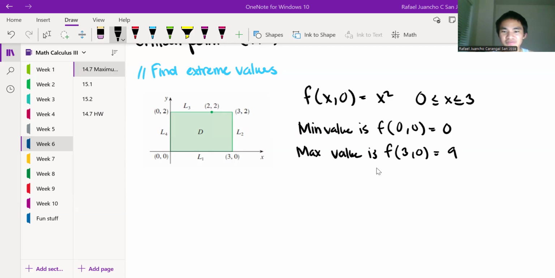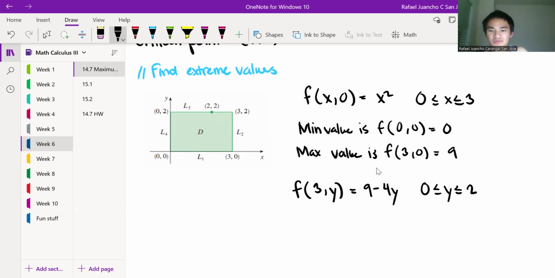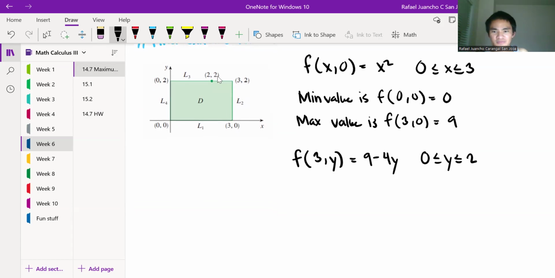So we look at each of these lines. When x is 3, we have this, which is equal to 9 minus 4y. And the condition was that y should be between 0 and 2. So I'm looking at L2 here.